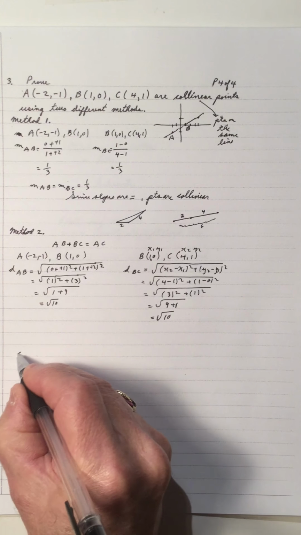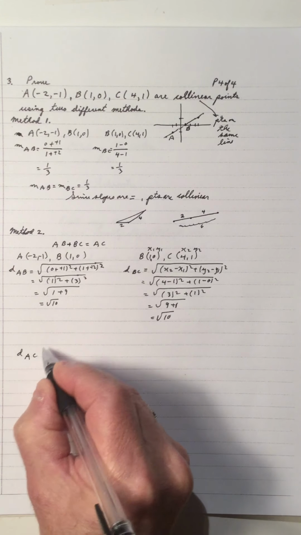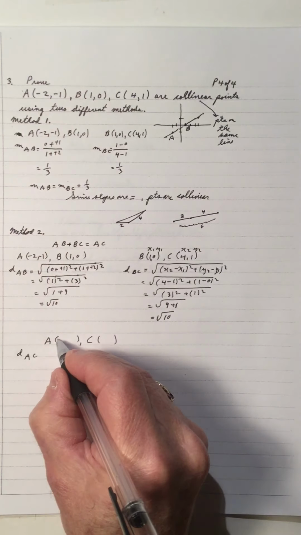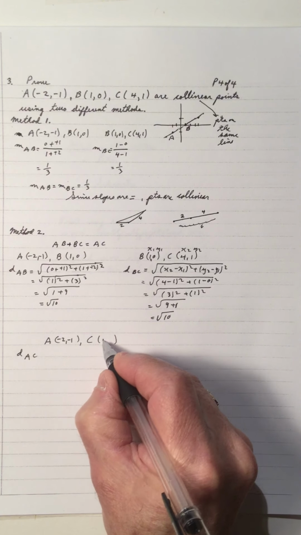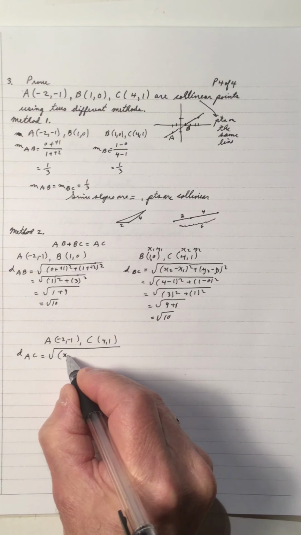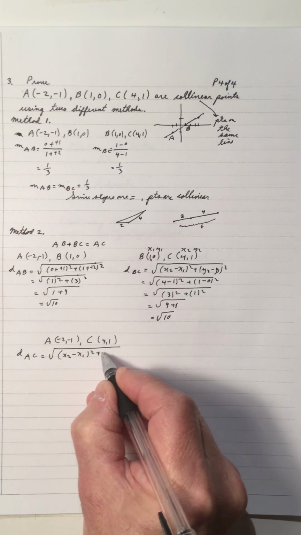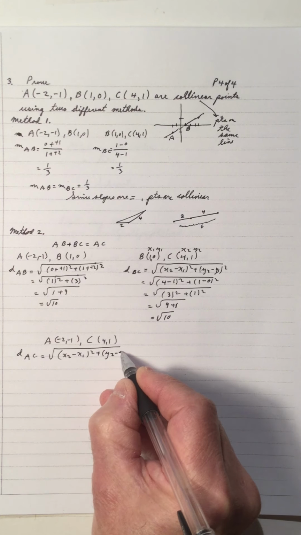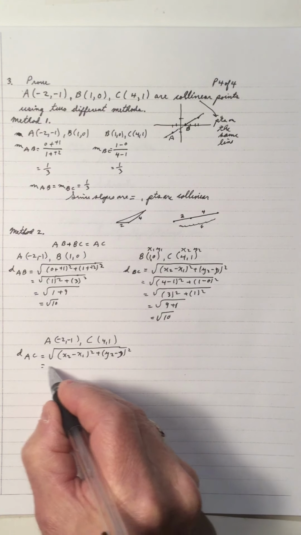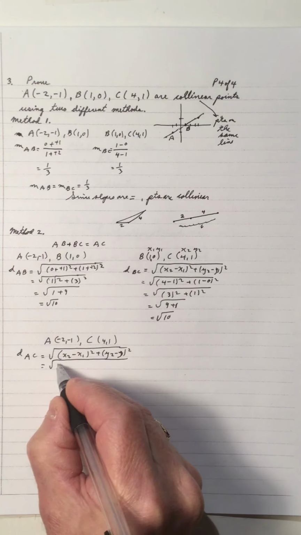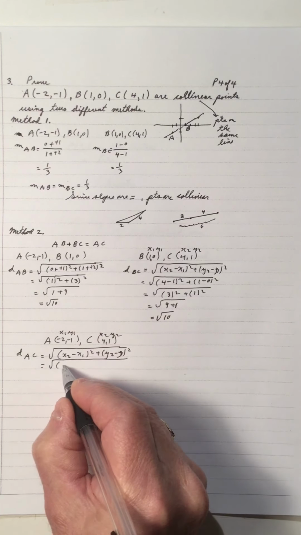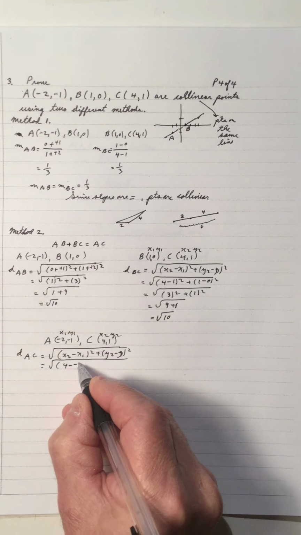And I'm going to get the length of AC. A and C. A is -2, -1. C is 4, 1. And x2 minus x1, y2 minus y1. Again, you could reverse it and put the y's first and then the x's. It's your choice. So this is x1, y1, x2, y2. So we have 4, subtract -2.